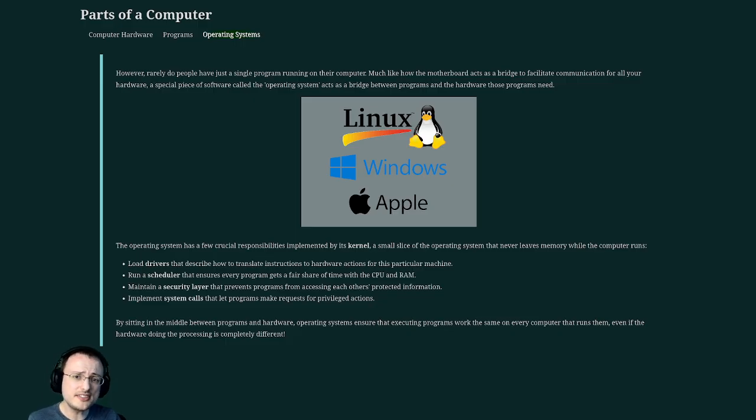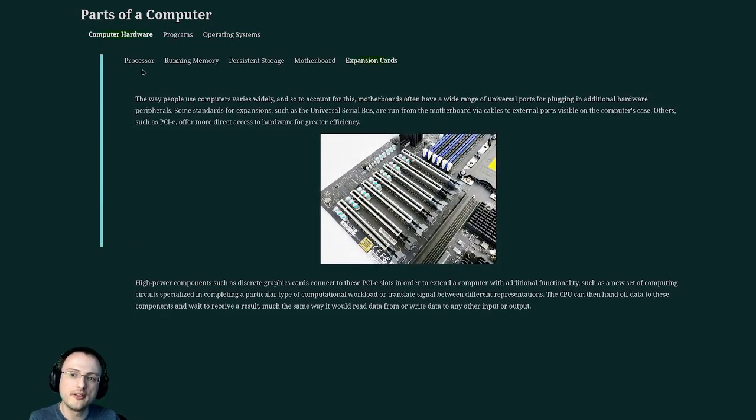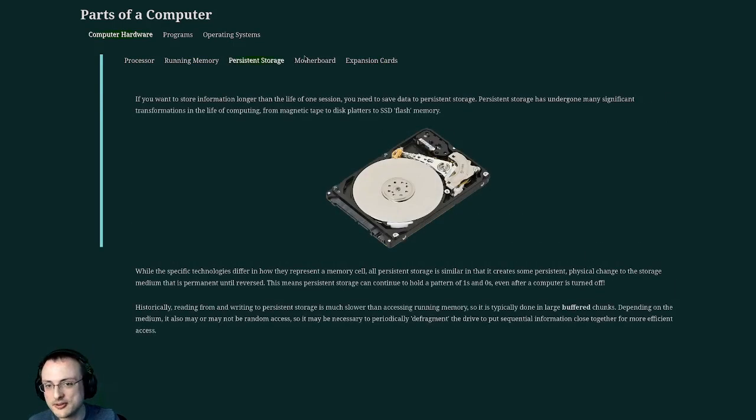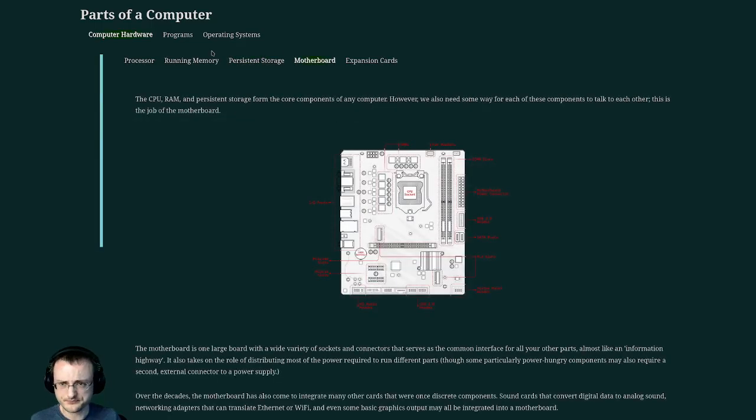So this is just a really basic introduction, a high-level overview that we did today of the parts of your computer and the system that actually runs your program. We talked about a couple different pieces of our computer, different running components like the processor, the RAM, the storage, and the motherboard.